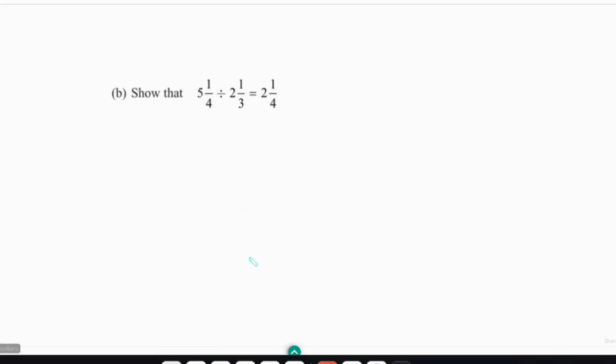Show that 5 and a quarter divided by 2 and a third is 2 and a quarter. Let's change this to an improper fraction. 5 times 4 is 20, plus 1 is 21. 2 times 3 is 6, add 1 is 7. We need to keep, flip, change.